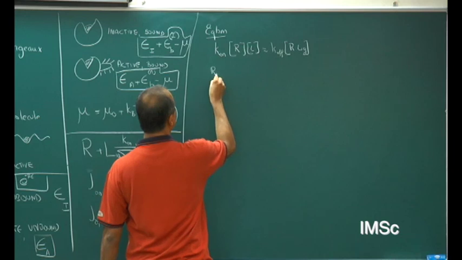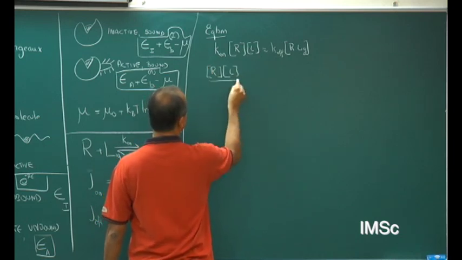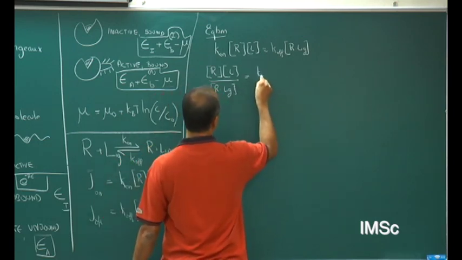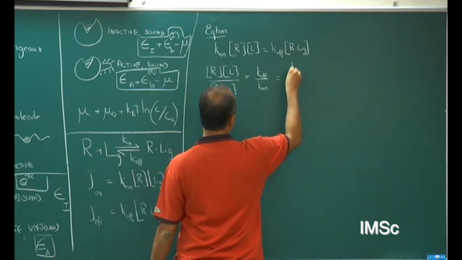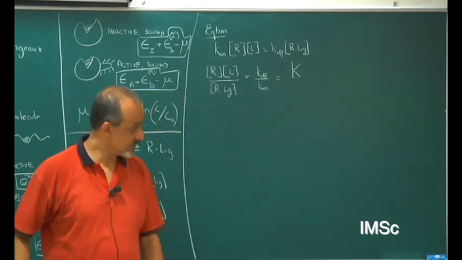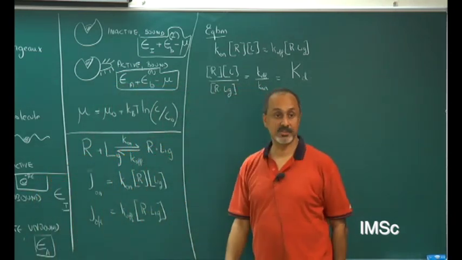Therefore, this quantity R times ligand divided by R dot ligand must equal K off by K on, which I will call K dissociation. So this was my definition of K dissociation.